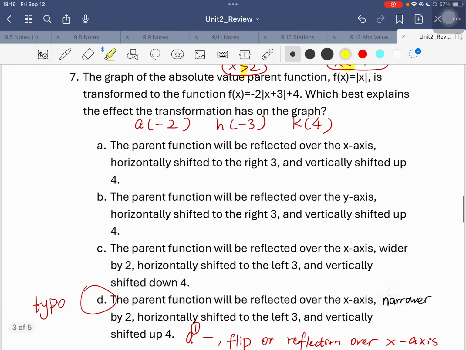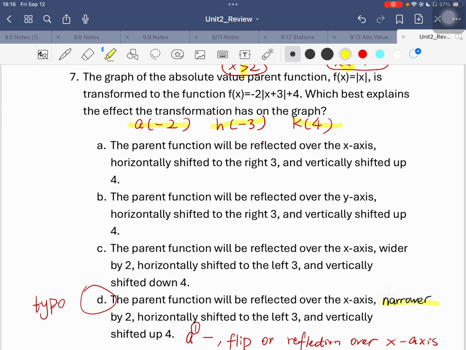Question 7. There is a typo on answer choice D. Answer choice D said wider here, but there was a typo. Let's change answer choice D to narrower. For this question, I always want you to write AHK.